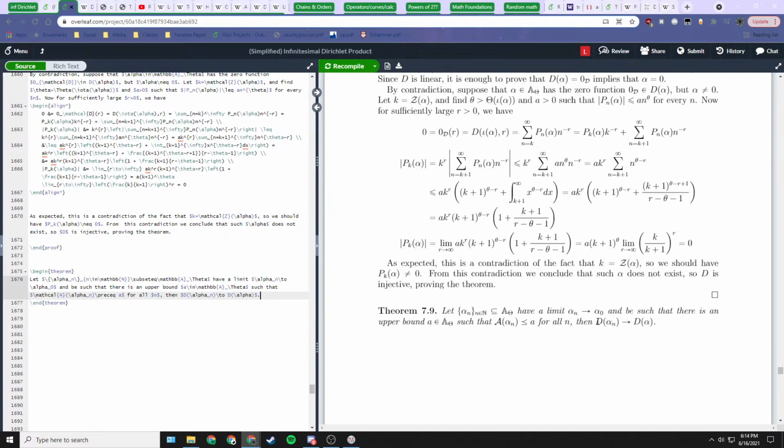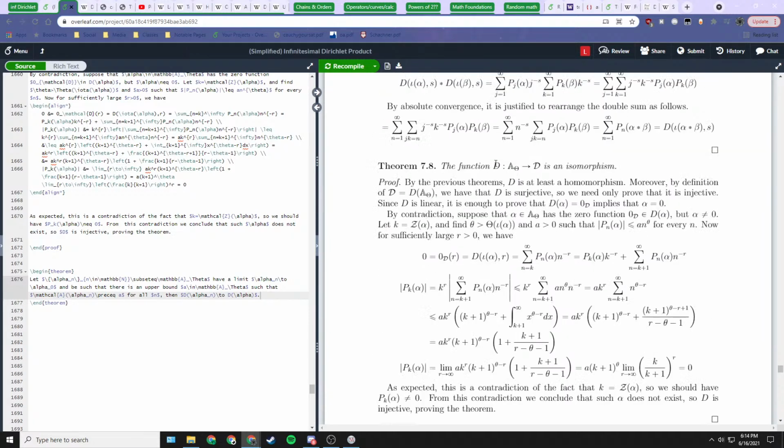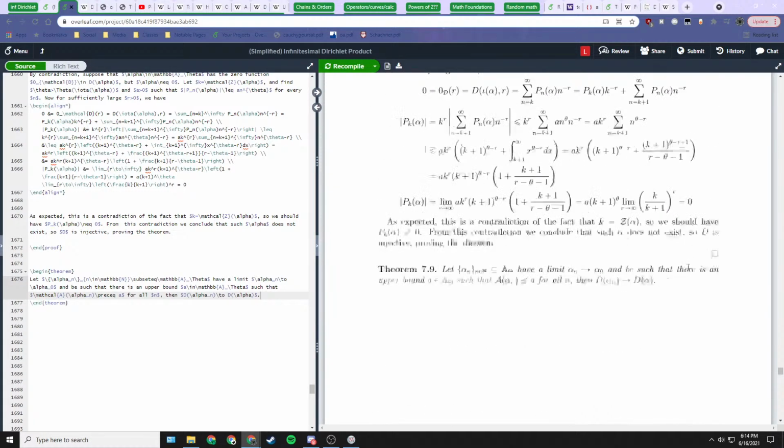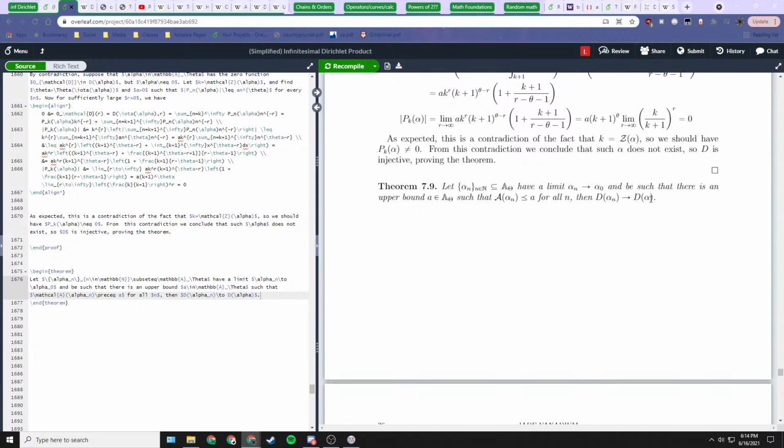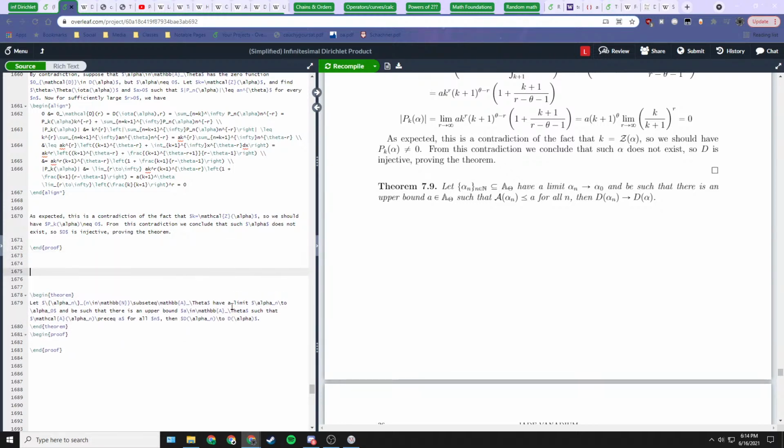We don't have a topology for our script D class, so we're going to need to specify that in this proof, or before this proof. So we can also give D a topology.